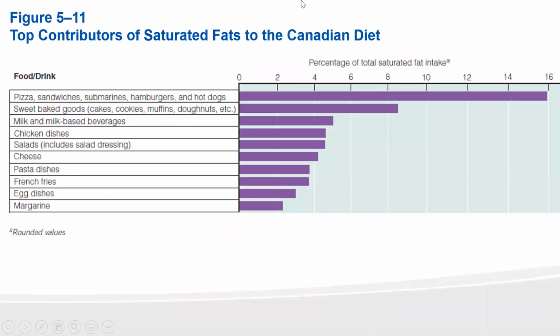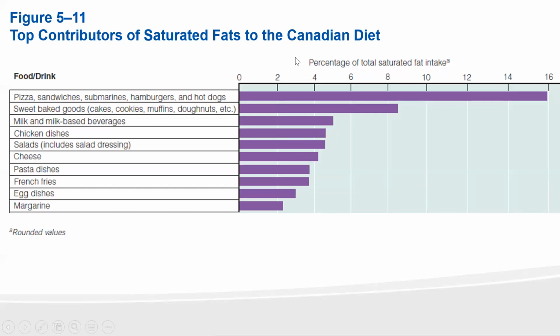So, of course, the other way to look at it is to take a look at the big contributors, right? So this is one chart. There are tons of charts like this you can find on the internet and other places in terms of where all these saturated fats are coming from.